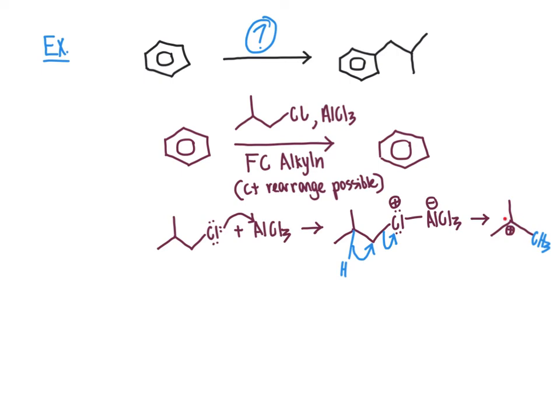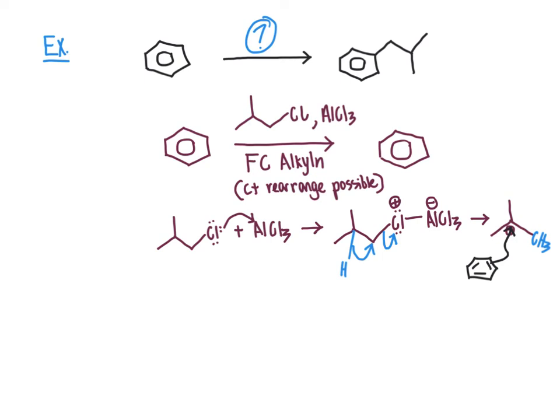As a result, you would have a tertiary carbocation, and then what would happen from there is that tertiary carbocation would be what is attacked by the aromatic ring. And so as a result, the electrophilic aromatic substitution product would not have the isobutyl structure anymore. Instead, that would have rearranged to a tert-butyl structure.